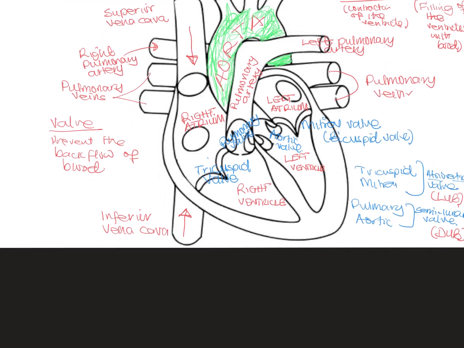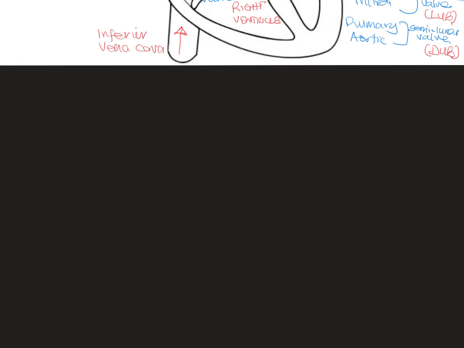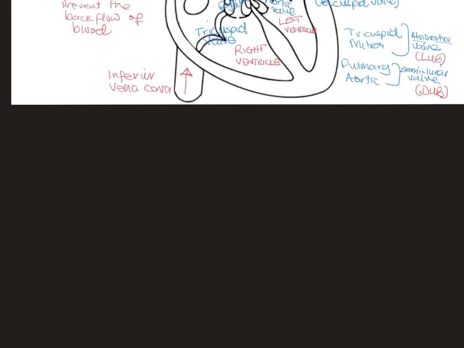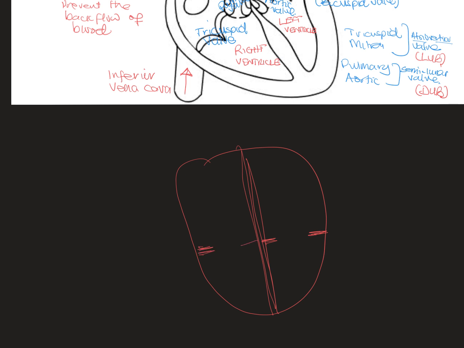So let me try to explain that by drawing a diagram that will not give much confusion. If this is the heart, this is the right atrium, this is the right ventricle, left atrium, left ventricle.